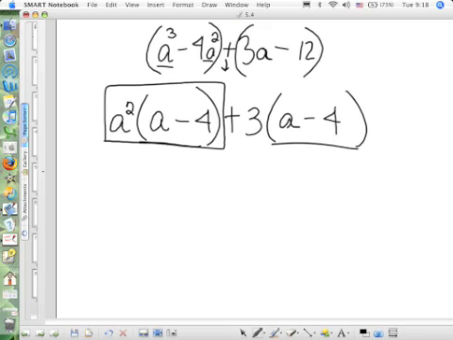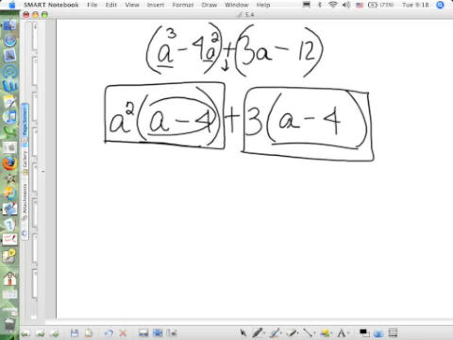This is a term, and this is a term, because it's the product of a squared and the difference of 2 numbers, plus the product of 3 and the difference of the same 2 numbers. When I find this answer, won't it be the same as this answer? So don't those 2 terms have a common factor right now? Their common factor is the difference a minus 4.